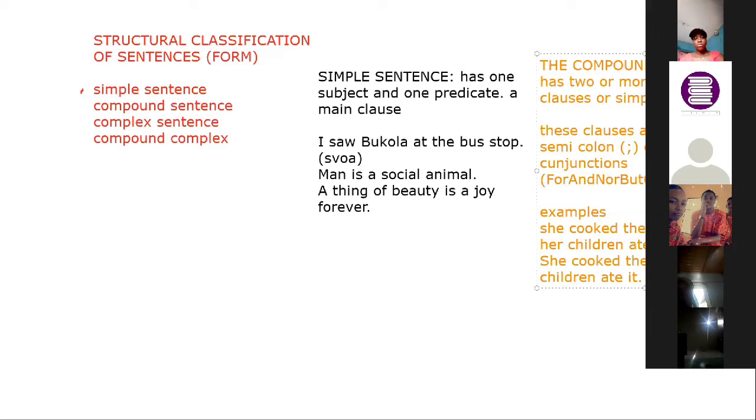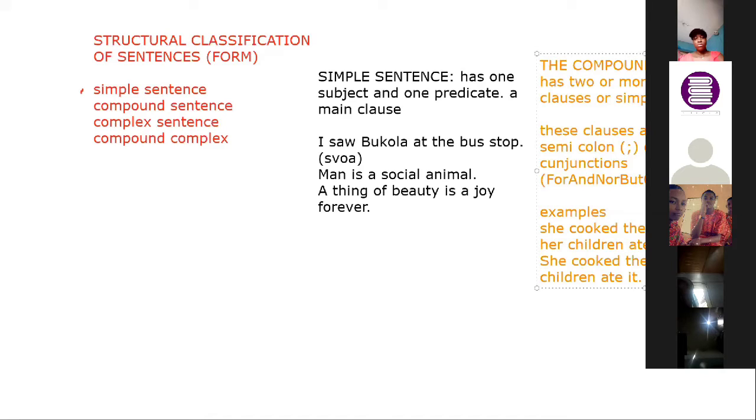So we join it by using what? By using and. I hope that is clear. And we can decide to put, where we put the and, a semicolon, which is going to be grammatical. She cooked the food; her children ate it. That's perfect.